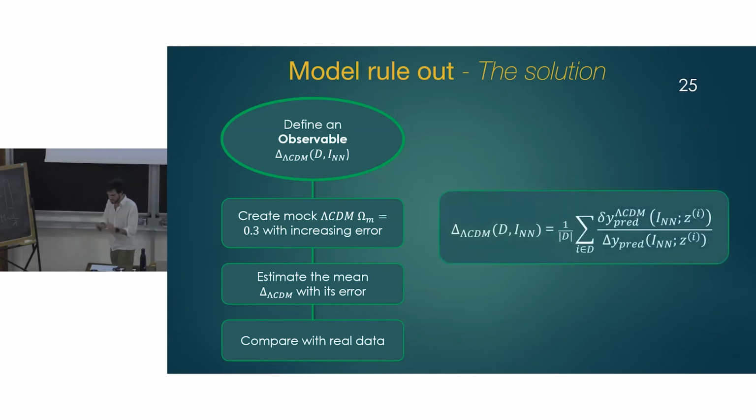So let me try to express the idea behind this, and maybe you will give me feedback or your impressions. The idea is that if you deviate on average from the lambda CDM model by something comparable to the prediction error you have, then you cannot rule out lambda CDM.